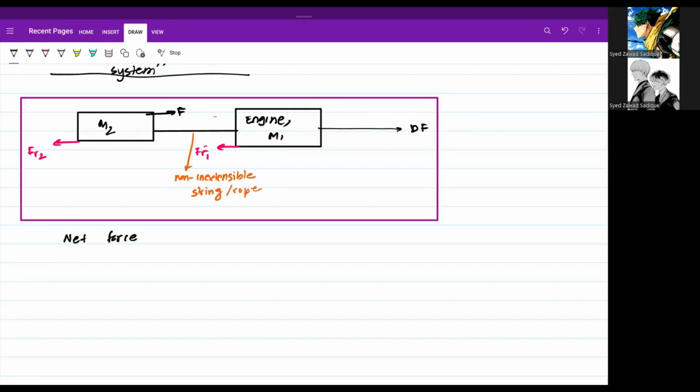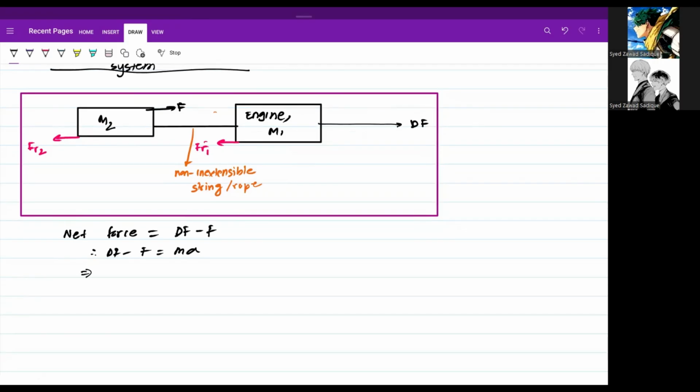Net force is basically the resultant force. It's going to be driving force minus F. Since we know driving force minus F, we can say driving force minus F is equal to mass times acceleration, as resultant force equals mass times acceleration as per Newton's second law. Now, we can also write driving force minus F is equal to, oh, my bad.